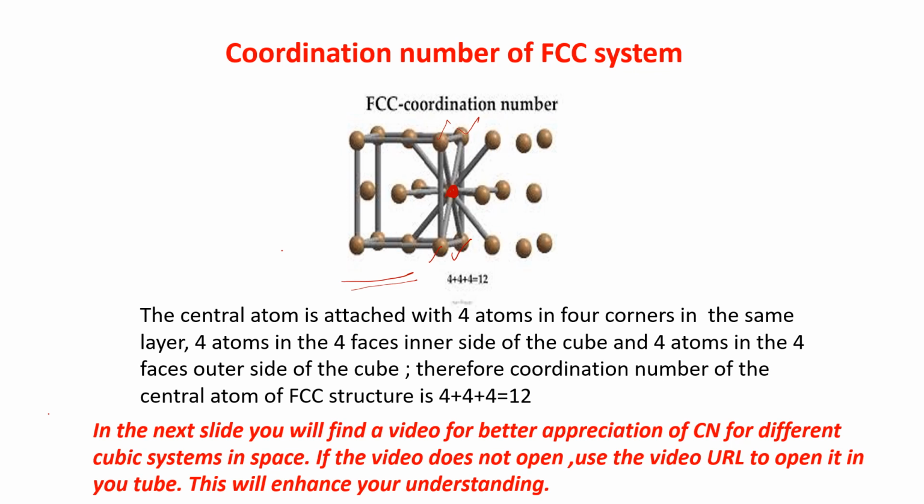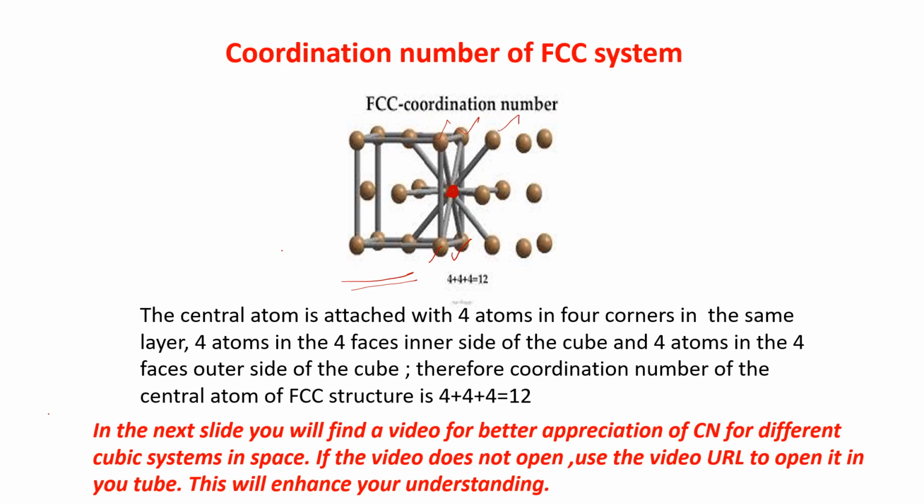Now you have to consider the cube. So many cubes are there, so it's a little bit complicated, but it is also attached with 4 atoms outside the cube, in another cube.